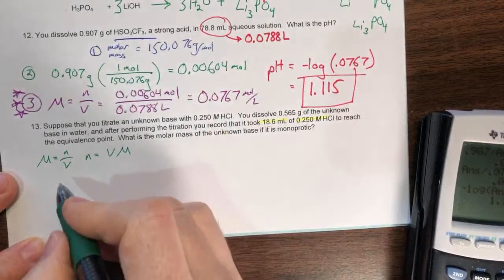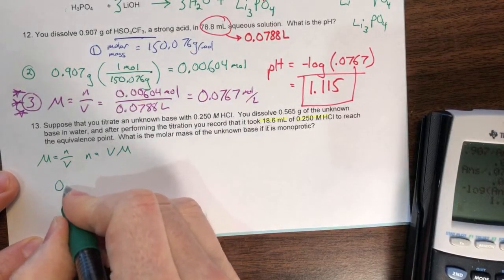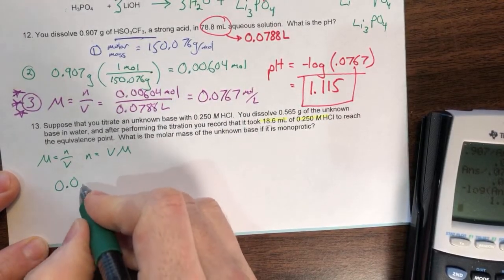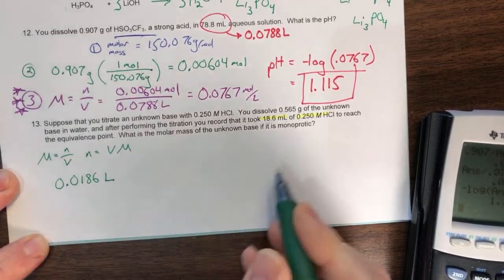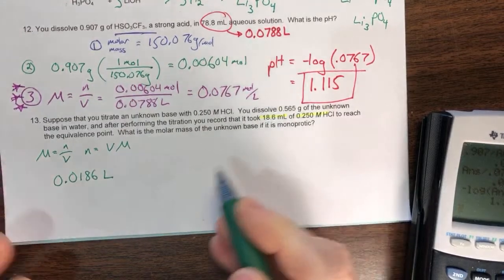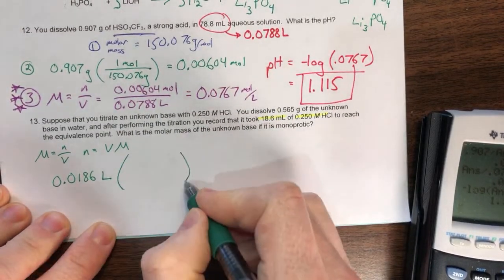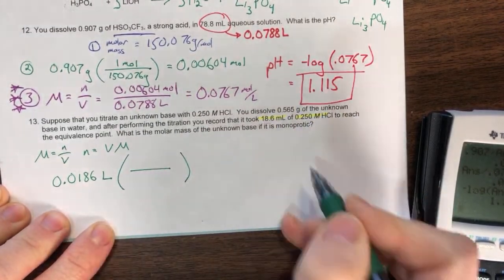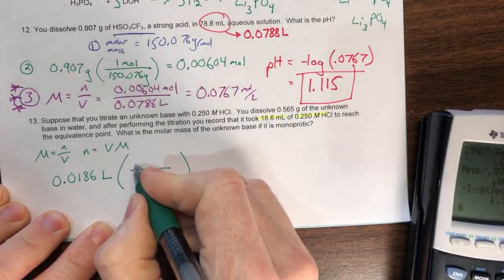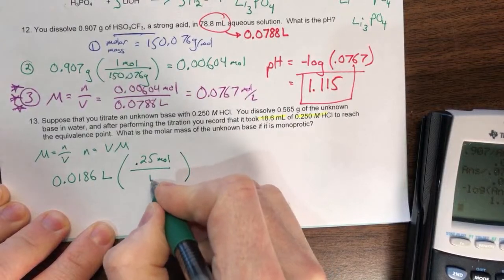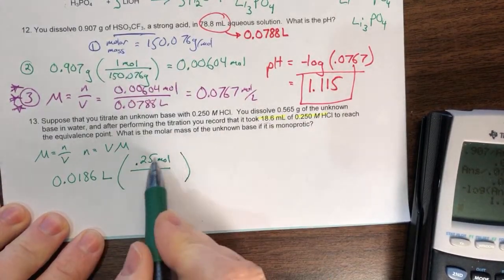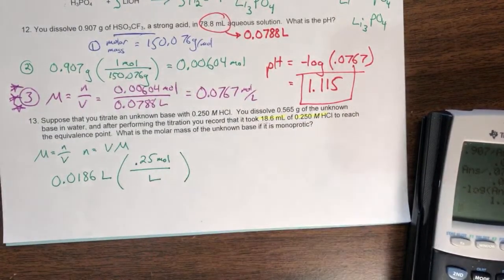Let's go ahead and write down the numbers. We have 0.0186 liters. Make sure you convert that to liters. And I'm multiplying this by my molarity, which is 0.25 moles per liter. Notice liters over liters cancel to give me moles in the end.